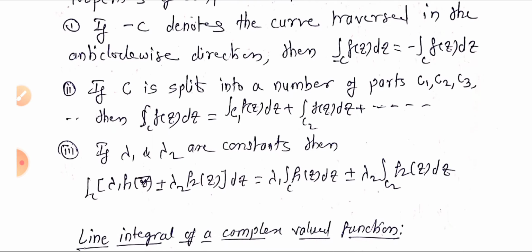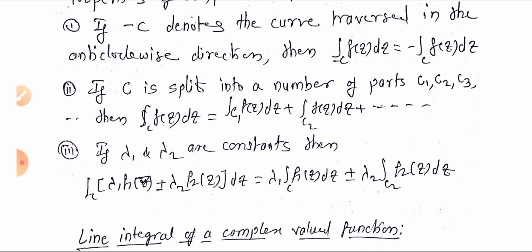Second property: if C is split into a number of parts C1, C2, C3 and so on, then integral over C of f(z) dz equals integral over C1 of f(z) dz plus integral over C2 of f(z) dz plus integral over C3 of f(z) dz and so on.